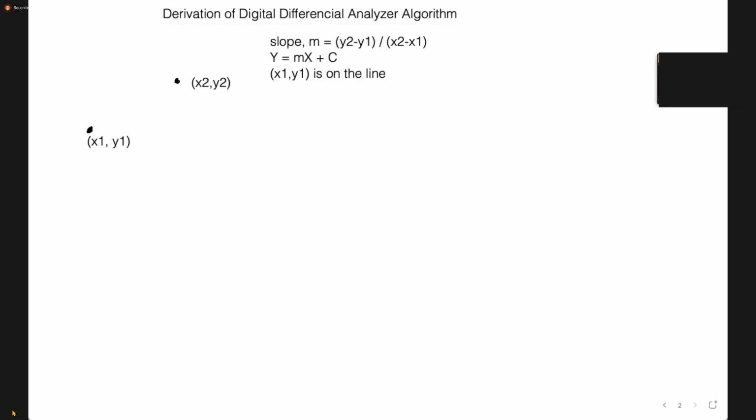That is my target. Okay. Therefore, remember this x1, y1 is on the line.